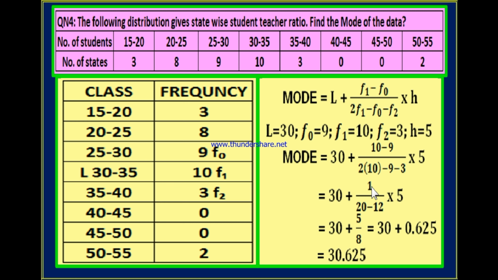This is 30 plus 1 into 5 is 5, divided by 20 minus 12 is 8. If you divide 5 with 8, you will get 0.625. Now add 0.625 to 30, so that it is 30.625. Therefore, the mode of the given distribution is 30.625.